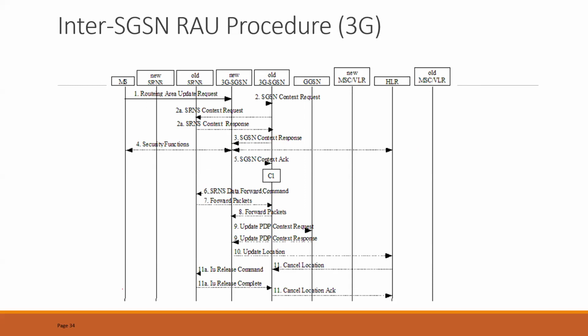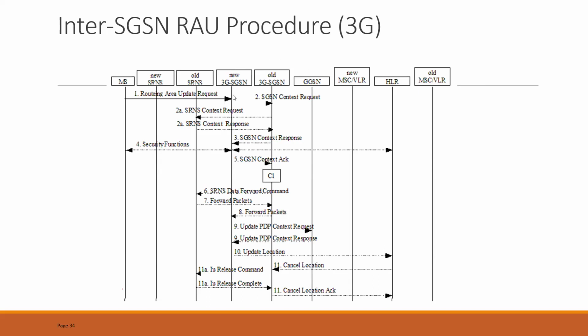packet buffering, the main difference between 2G and 3G is that the downlink packets that are buffered are not buffered in the SGSN; those are buffered in your RNC. Once we discuss the PDP context, I will introduce the concept of DT, direct tunneling. In DT, your RNC directly communicates with your GGSN.